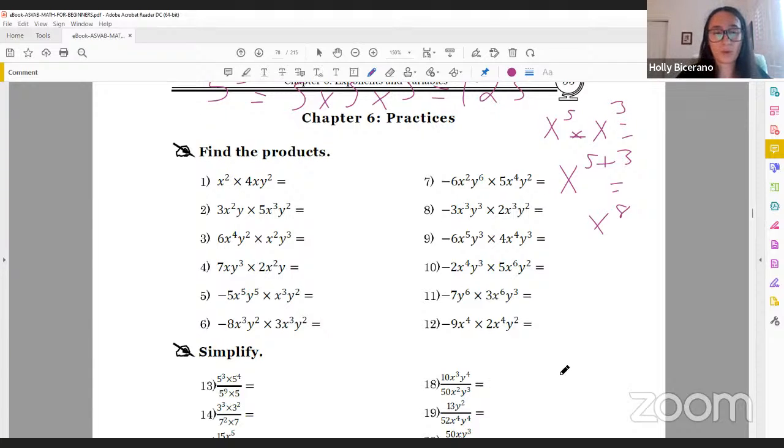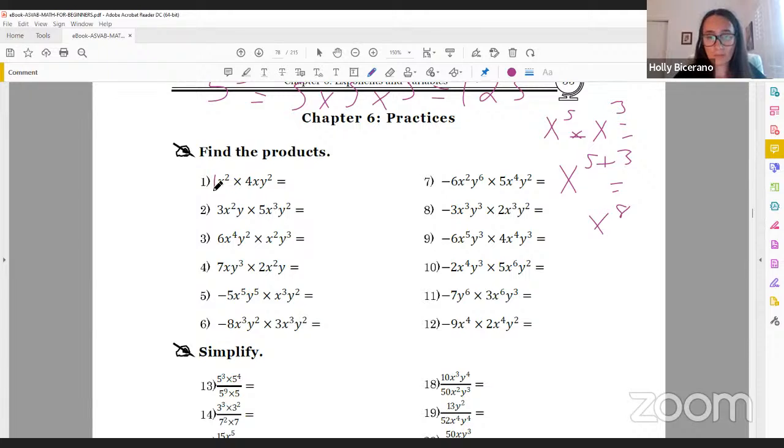Okay, so let's look at number 1. So what you want to start by doing with number 1 is you would multiply the numbers that are there first. So just the numbers. So you will see like x squared doesn't have a number. So there's an invisible 1 there.